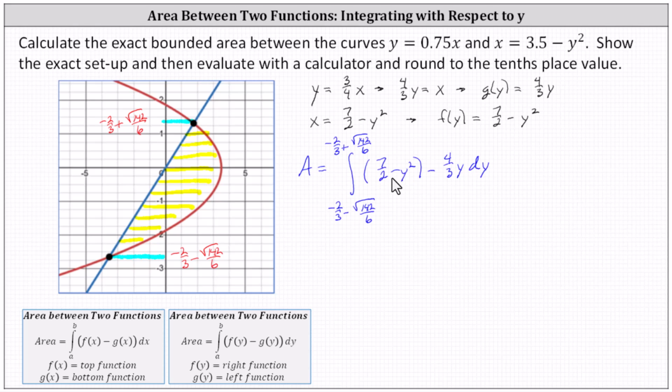Let's go ahead and simplify the integrand function, and then we'll evaluate the integral using the Desmos graphing calculator. Writing the terms in descending order, we have negative y squared minus 4/3 y plus 7/2.